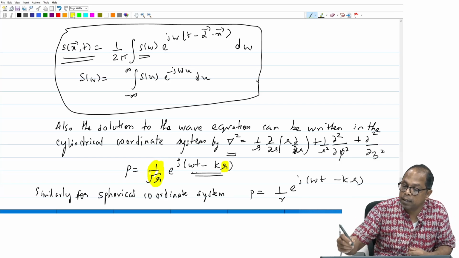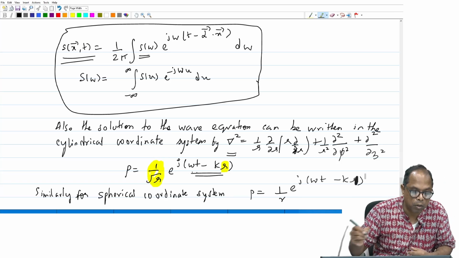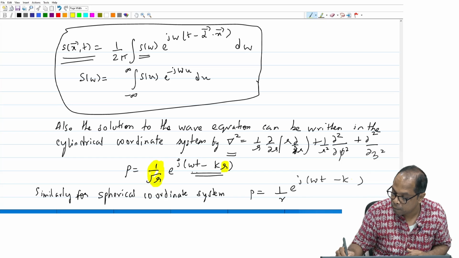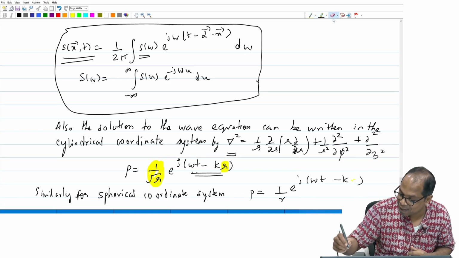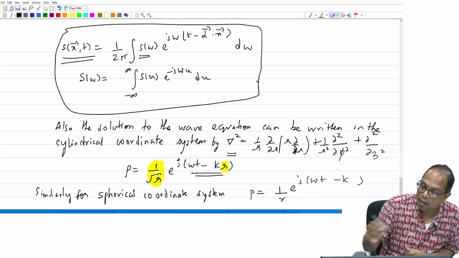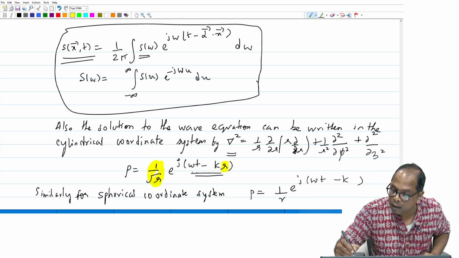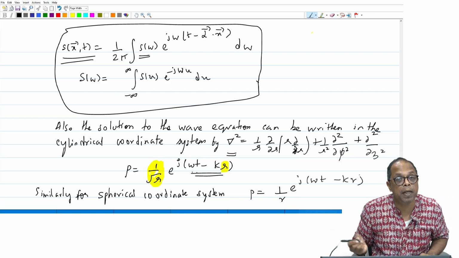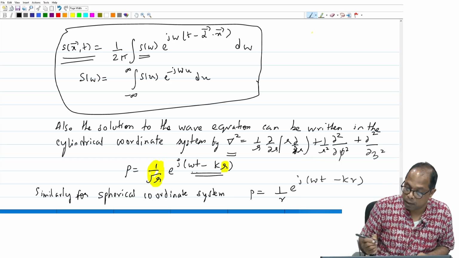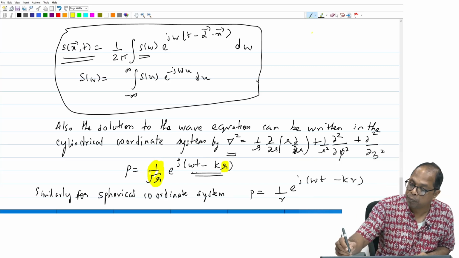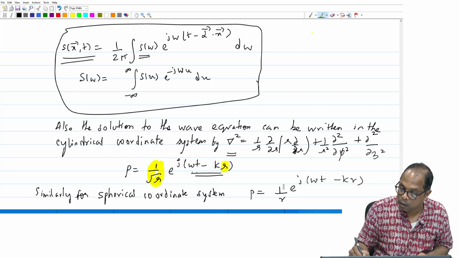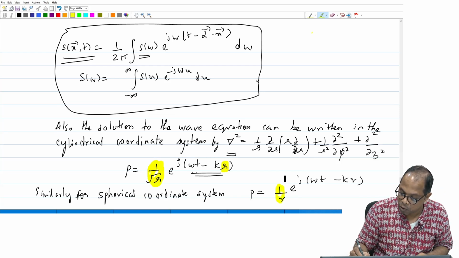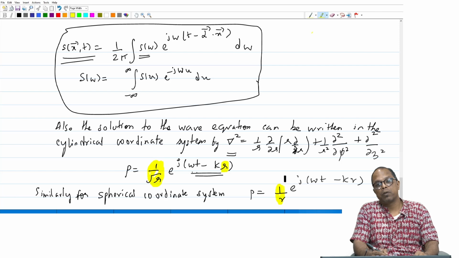You have the same radial distance r, but your amplitude is now going down by a factor of 1 over r.